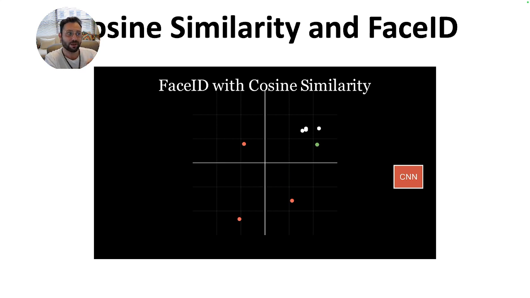So how does this include the cosine similarity? Suppose I calculate the cosine similarity of the three red dots to my cluster of training images, which you have all provided to your smartphones when you're registering your Face ID. If you remember, they want you to rotate your face a little bit.